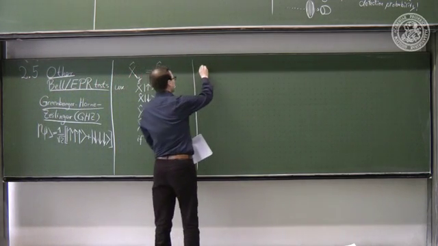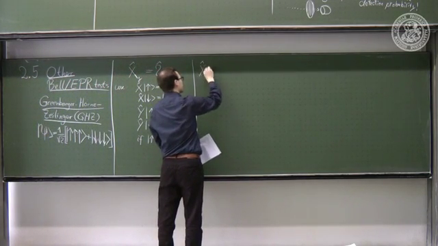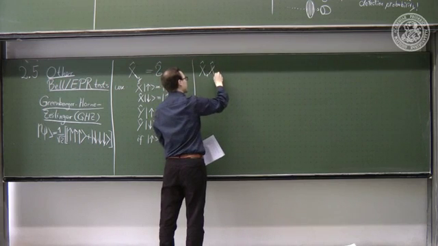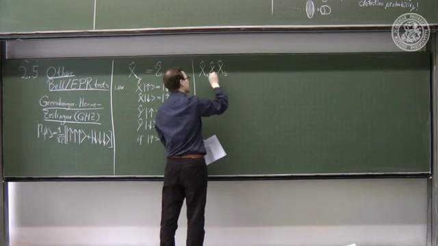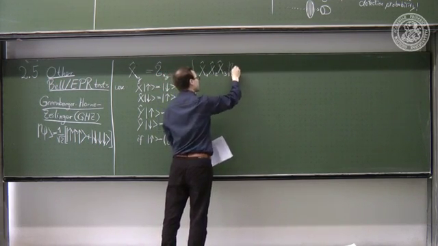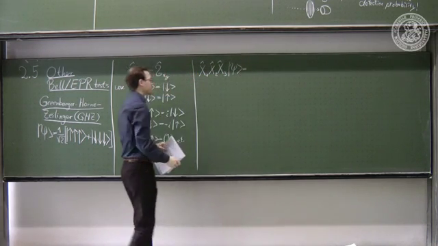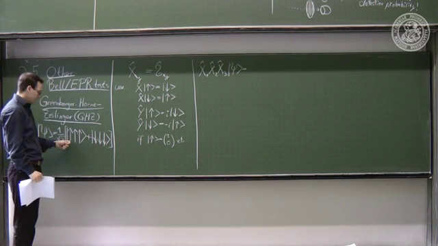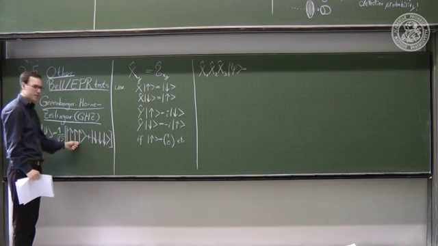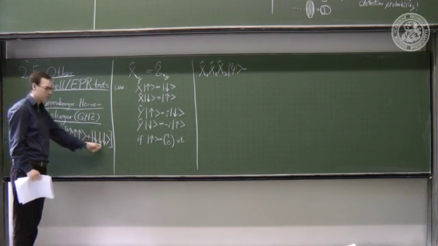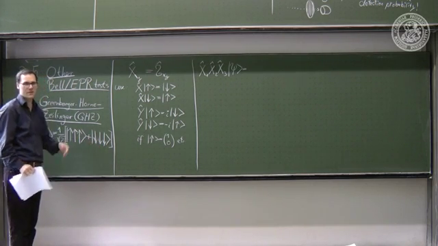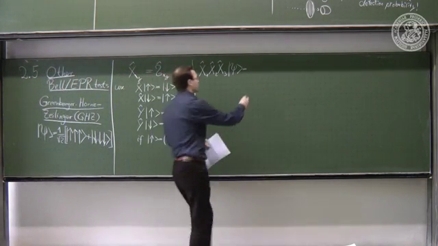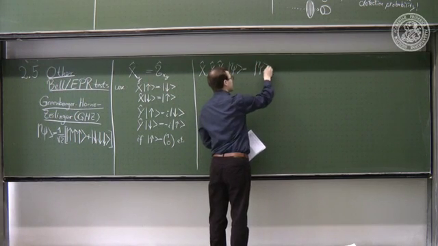What do I get if I apply x1, x2, x3 to my state psi? It turns out this is very simple, because psi is an eigenstate. I can flip all those up spins down, and I will flip all those down spins up, and then of course I get the same state. So I just get psi.